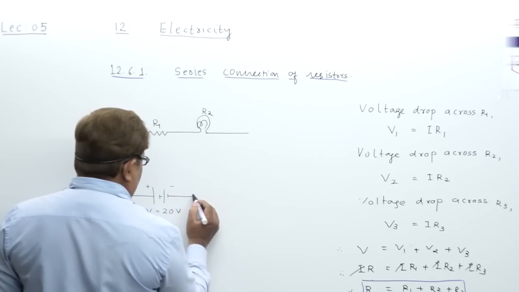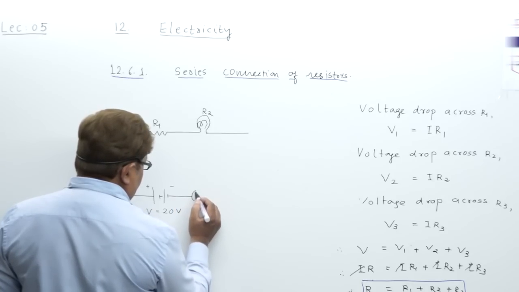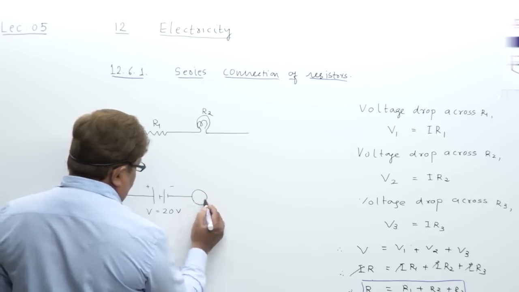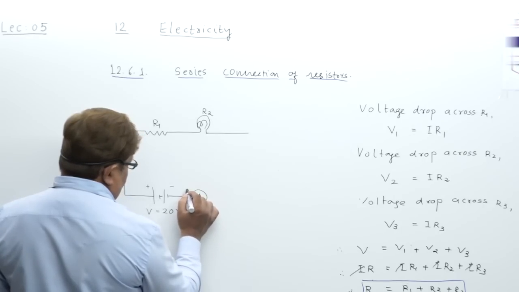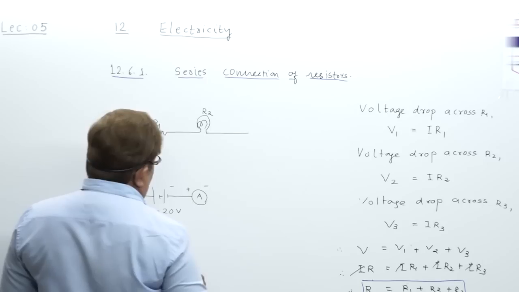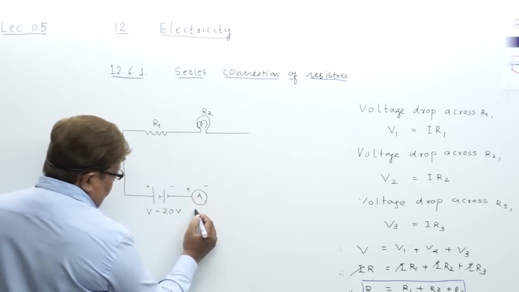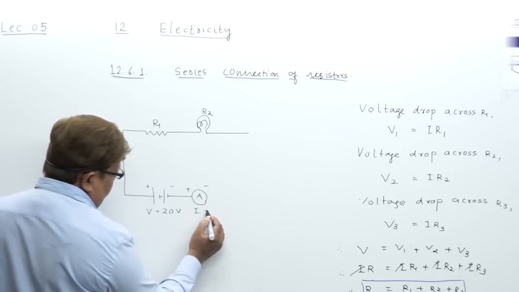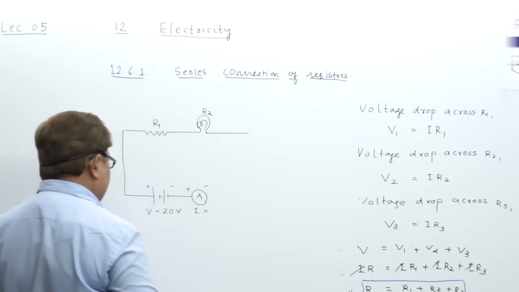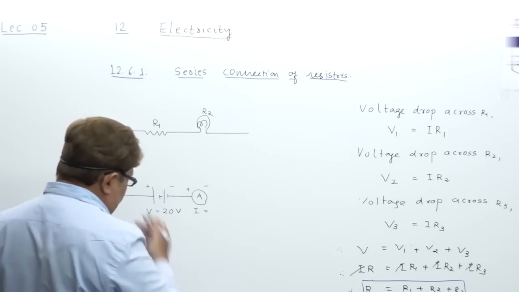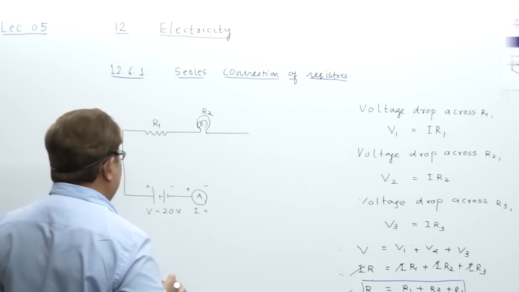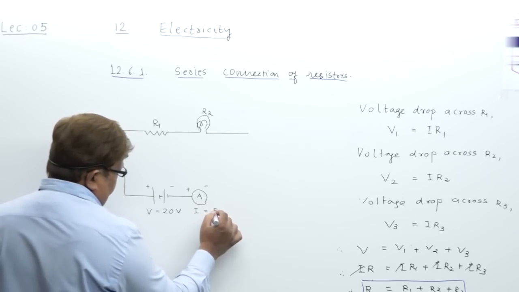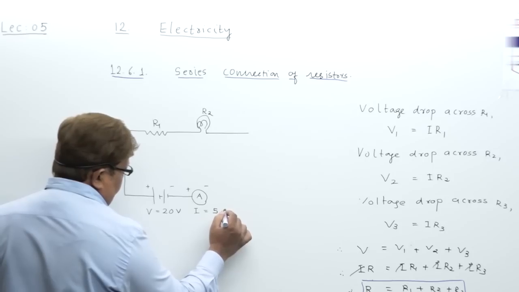Then here an ammeter. And the amount of current passing here is also shown. Suppose it has been given in the example, somewhat 5 ampere, just for understanding.